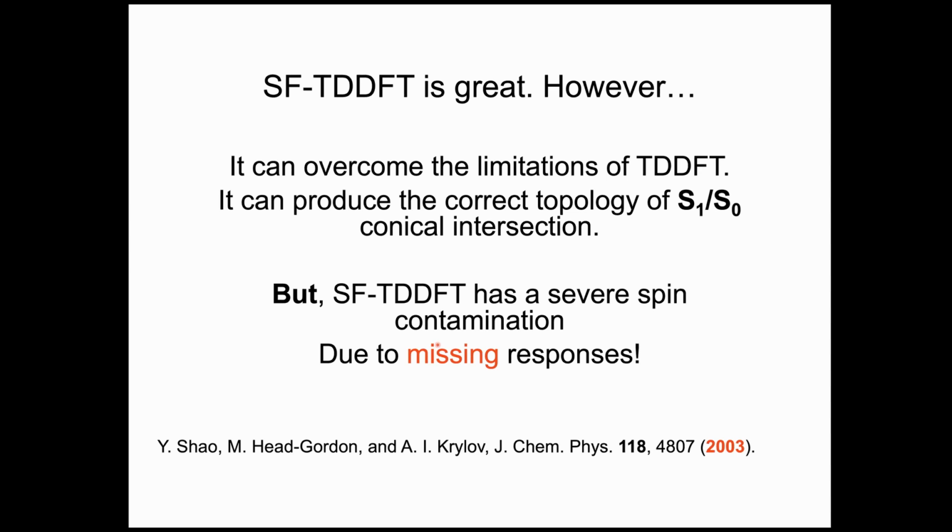A half-half mixture of singlet and triplet gives you very different energy, and it creates a lot of problems. It's not pure spin states. If spin contamination is slight, then it's okay to use it. But if it's a complete spin contamination, like the half-half mixture, then we simply cannot use that particular state. That's the real problem of this.